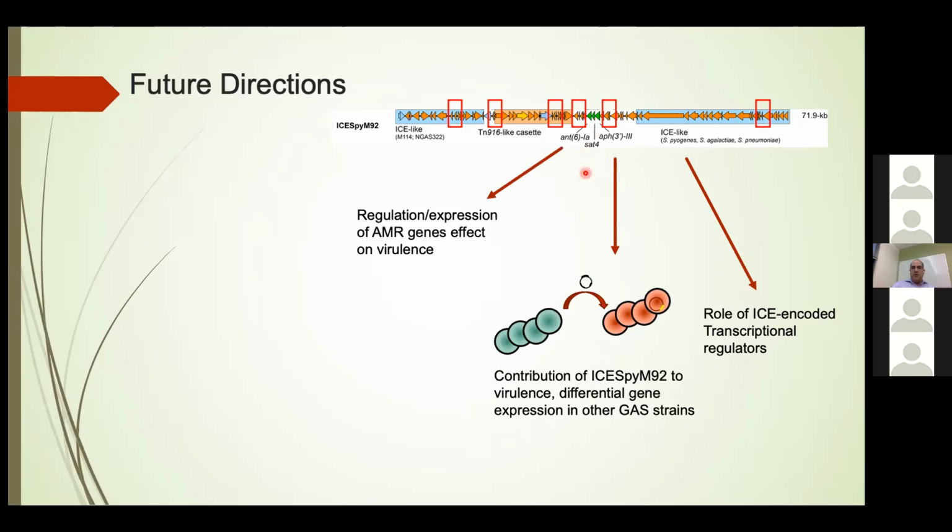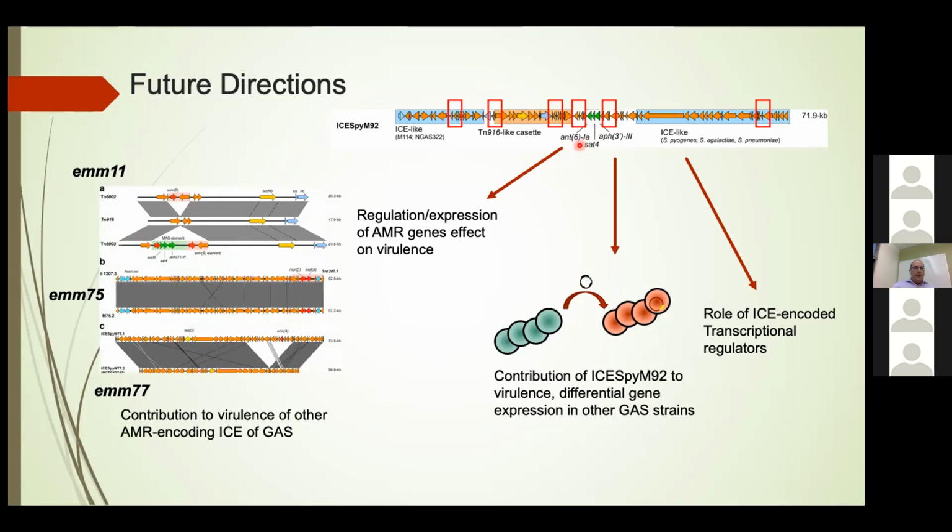We can also look at whether regulation or expression of the antimicrobial resistance genes plays a role in how ICE-Spy M92 influences virulence. Is there a regulatory response to the presence of antimicrobials?